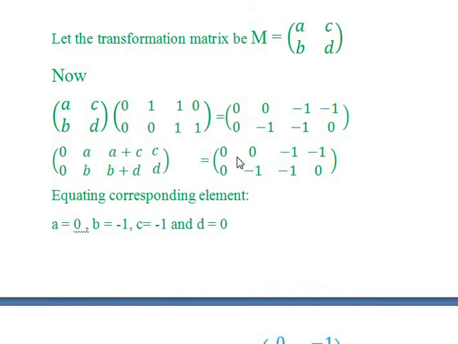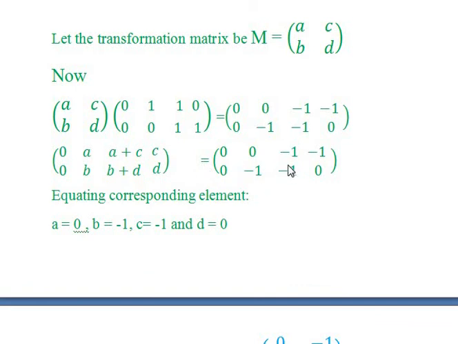We get this result on the left hand side, and then equating these two matrices, the first columns are equal. The second column on the left hand side is A, B and on the right hand side is 0, -1. So we can write A equal to 0 and B equal to -1.